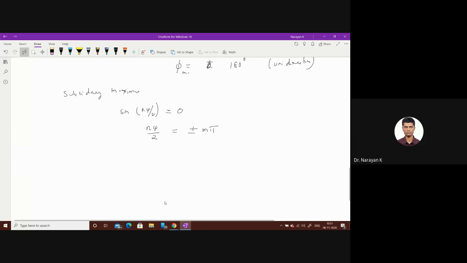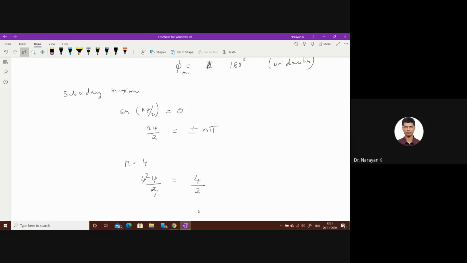So in this case, your n is equal to 4, already given. So 4 psi by 2.